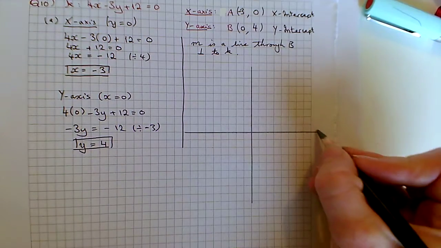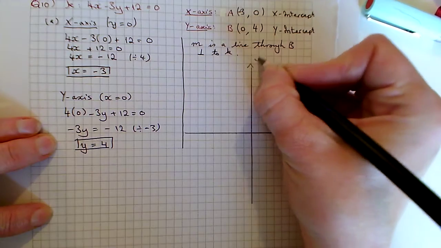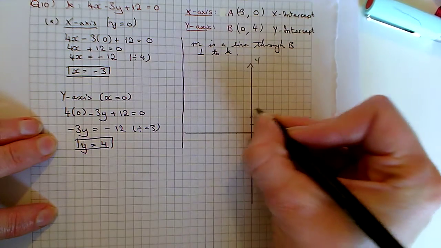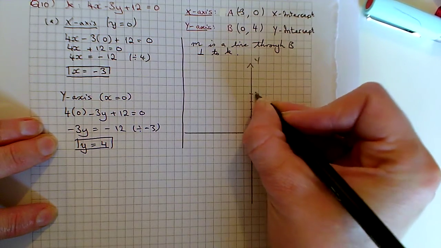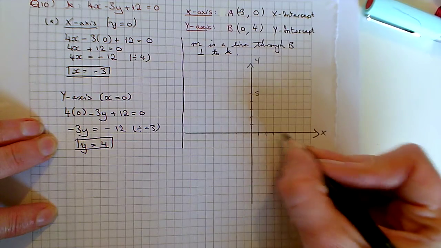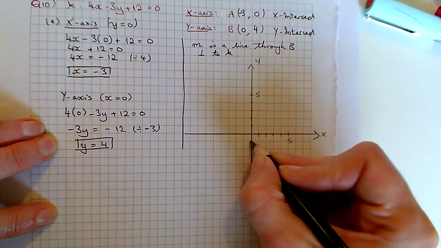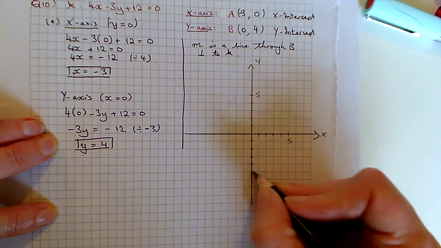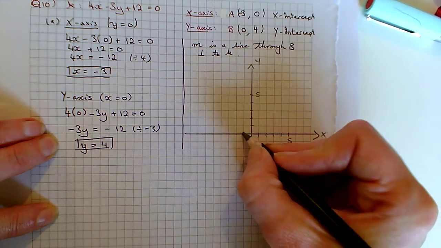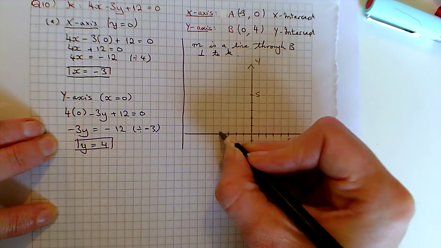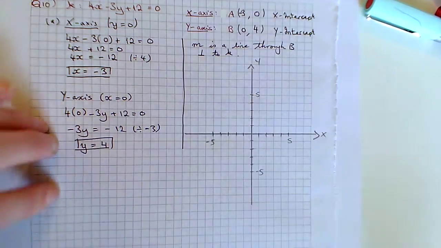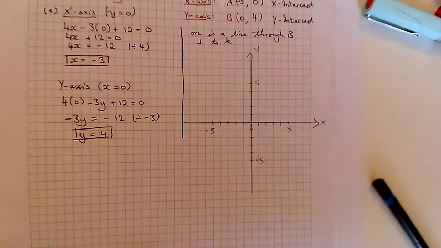So I'm just going to use one box in all directions here. 1, 2, 3, 4, 5. Minus 1, minus 2, minus 3, minus 4, minus 5. And you don't even have to write in all the numbers.